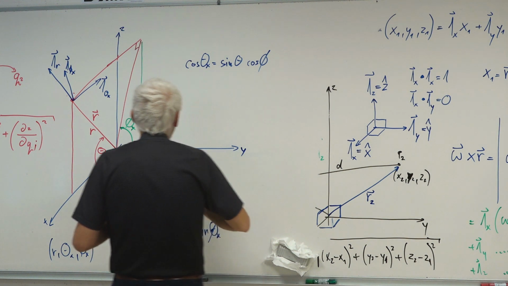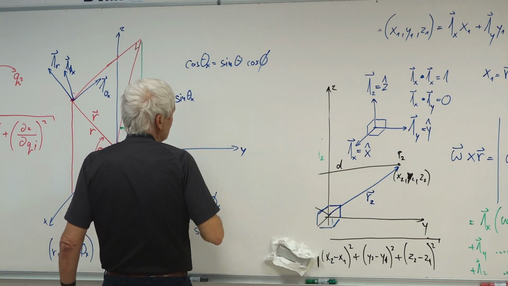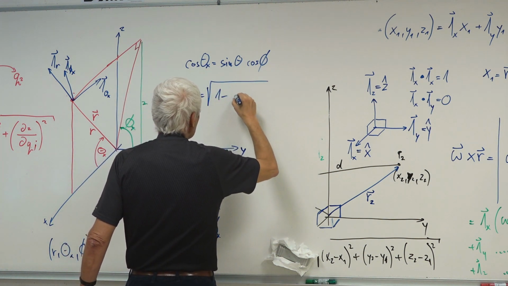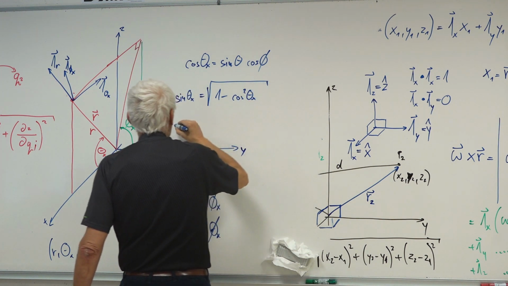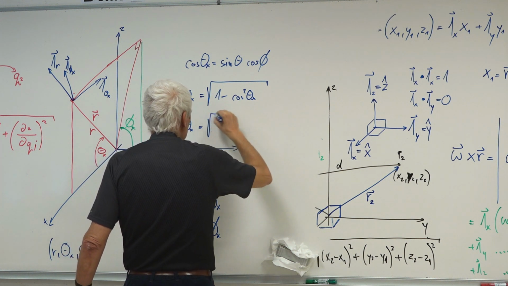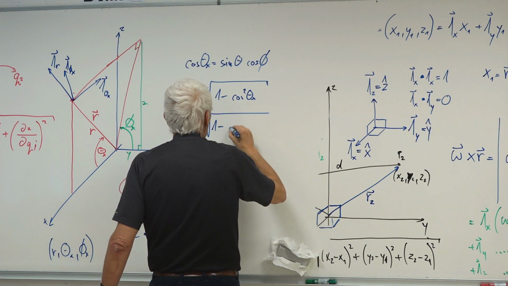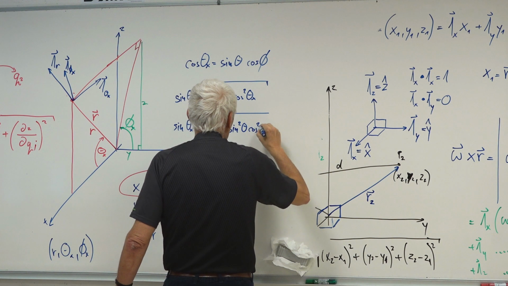Or we may also have sine of theta x, but there only Pythagoras can help us. This is 1 minus cosine squared of theta x, or in other words, sine of theta x is always the square root of 1 minus sine squared of theta cosine squared of phi.